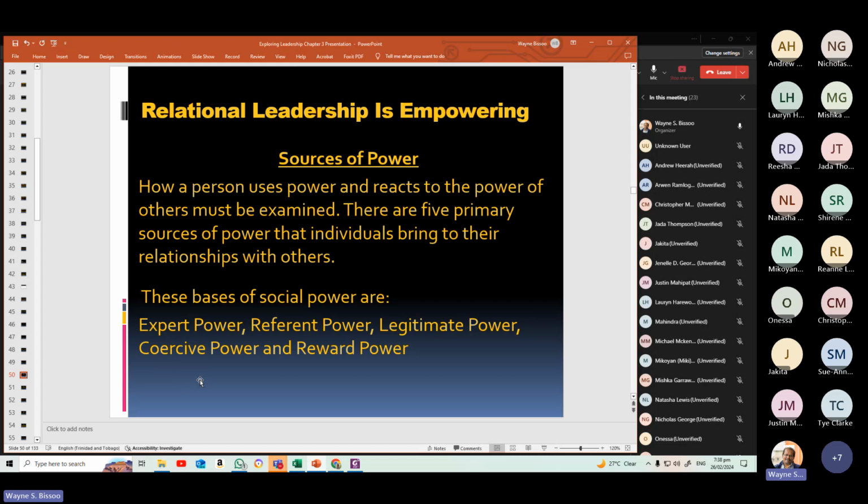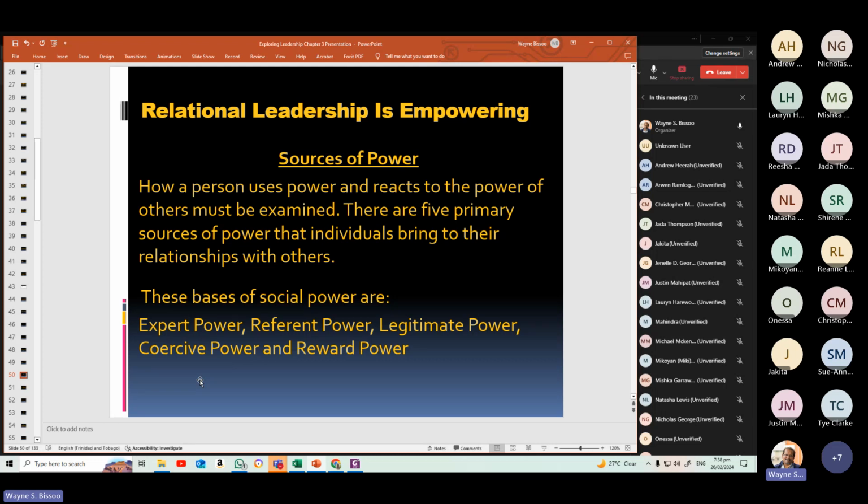They are given that type of reverence by other members of the group because of the type of things that they've done in the past, and maybe they have some sort of reputation that gives them that reverence from other younger members of the organization. That's another source of where power comes from.